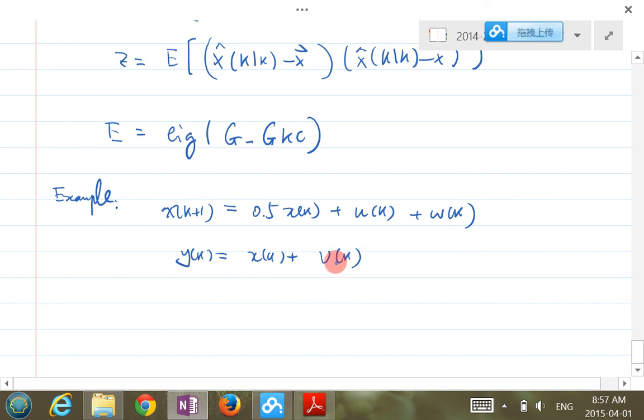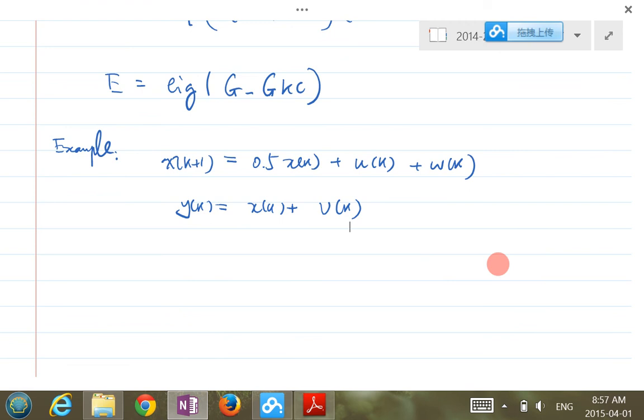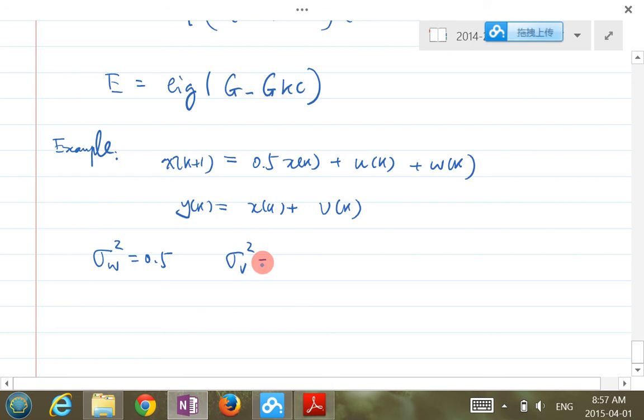So here's a scalar system with a W and a V. Process noise sigma W squared is 0.5, sigma V squared is 2.